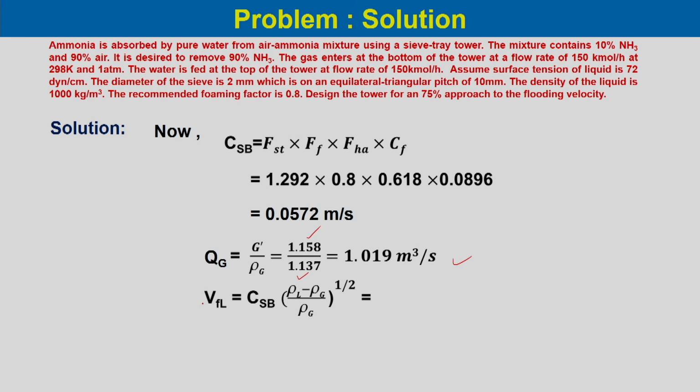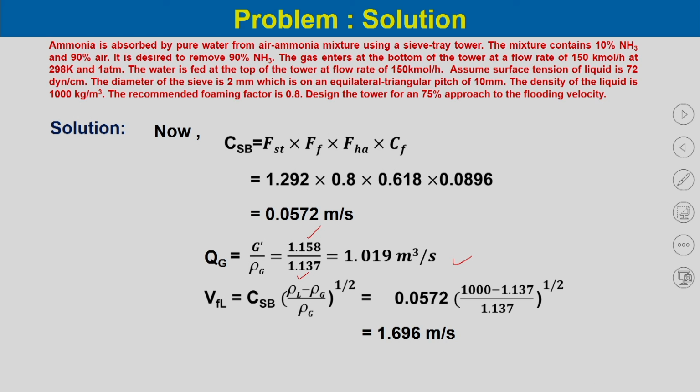VFL we can calculate using this relation, which is 0.0572 into rho L minus rho g divided by rho g, to the power half, which is 1.696 meter per second. So, VFL we can calculate.